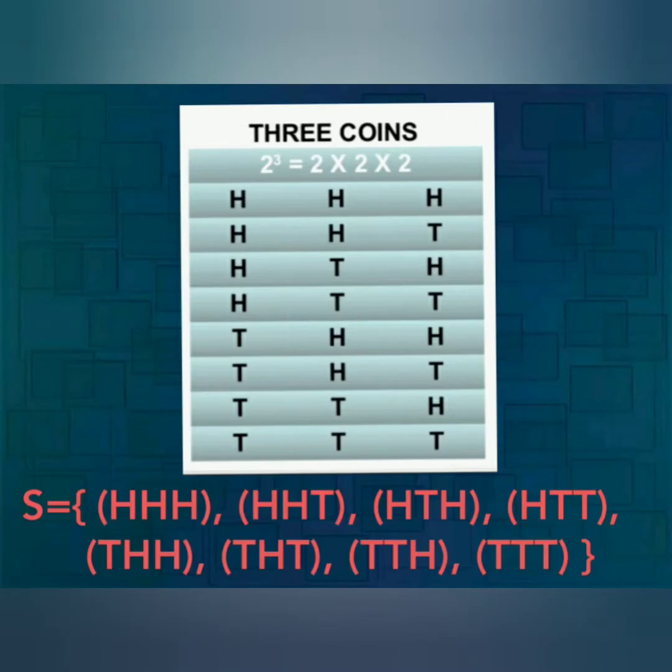Like this, when three coins are tossed together, the sample space is {HHH, HHT, HTH, HTT, THH, THT, TTH, TTT}. These are the sample space when we toss three coins.